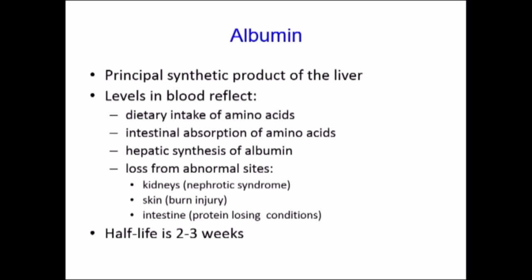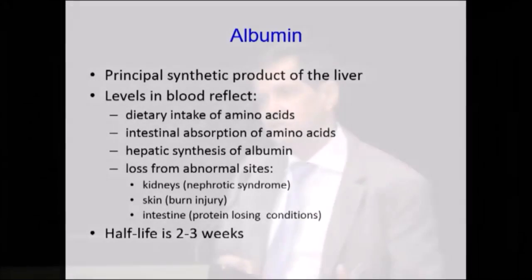Or you have extensive skin burns, or you have a protein-losing enteropathy. The half-life of albumin is 2 to 3 weeks, so it takes a long time for the albumin to change. So given these caveats, as long as you know that you're not losing albumin from different places, and you have some handle on nutrition, whether the patient's taking enough, the albumin does tell you about liver function.